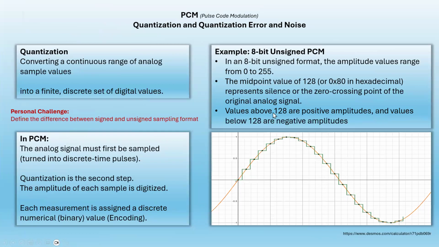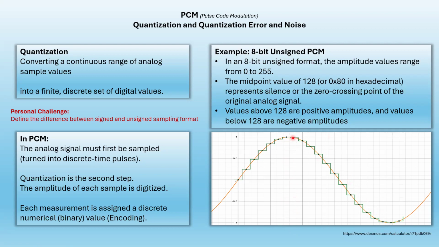All right. So what do we have here? Example of 8-bit unsigned PCM. What does that mean? Again, we're measuring from 0 to the highest. So this is our range of measurement. This is our lowest number. This is going to be our highest number.